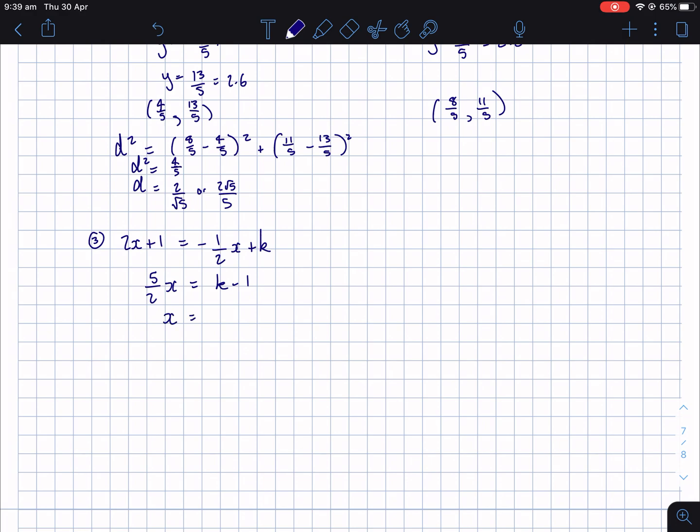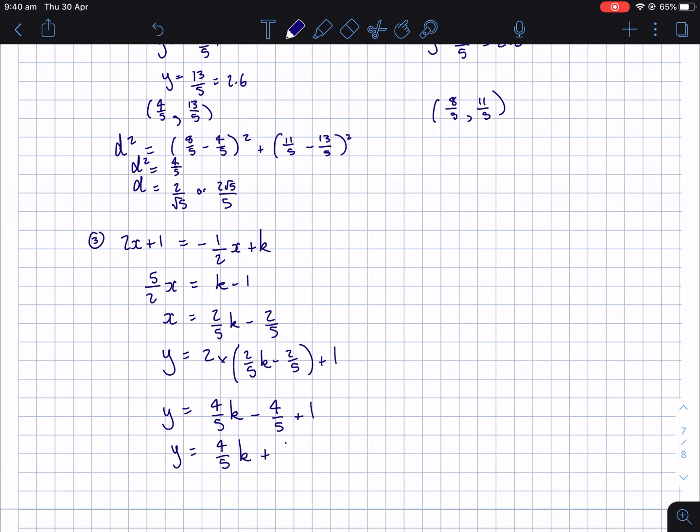So this means x equals 2/5 k take 2/5, which means y equals 2 times 2/5 k take 2/5 plus 1. There must be an easier way. y equals 4/5 k take 4/5 plus 1. So y equals 4/5 k plus 1/5.